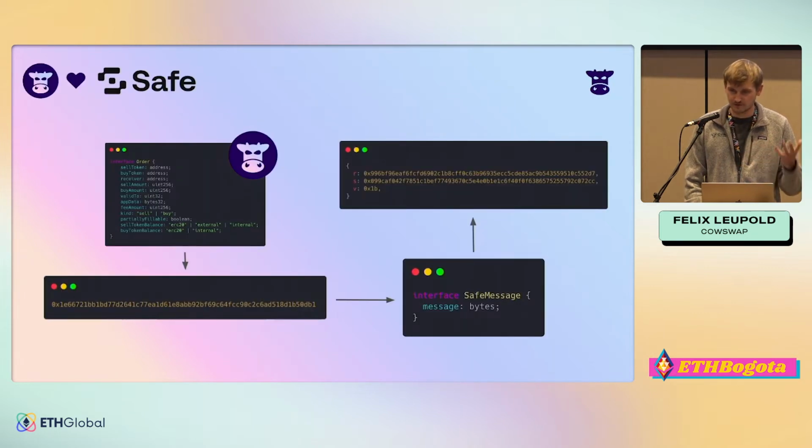So concretely, because Gnosis Safe is also a project very close to our hearts, we care a lot about having CowSwap work nicely with Gnosis Safe. The way that the signature verification on their end works is, again, you have this order struct that gets compressed into a hash that you need to sign. And then the Safe interface has a certain, again, named struct for its signatures, where each owner can basically use their externally owned account to create a good old 712, a good old EOA, ECDSA signature.